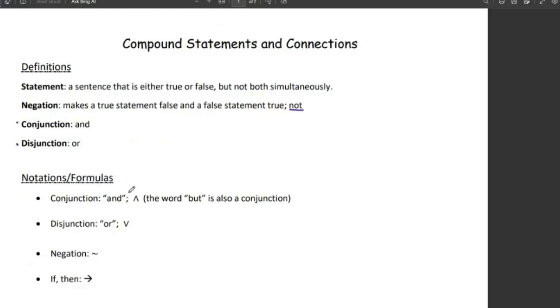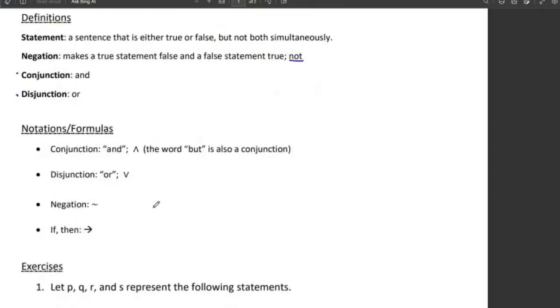So if we look down here at the notations and formulas, a conjunction is represented with the word and. So anytime we want to change an argument into symbolic form, whenever we see and, we will represent it with this symbol, and also with the word but.